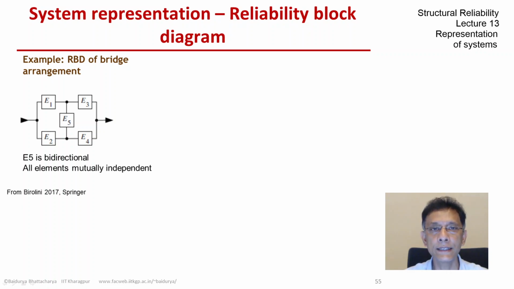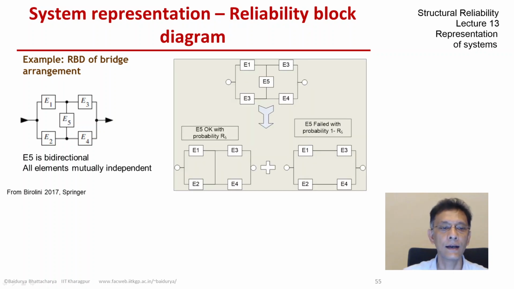So the way to proceed would be to split this bridge system into two simpler systems. One in which the fifth element, the key element, is working for sure, and the other case where the fifth element has failed for sure.